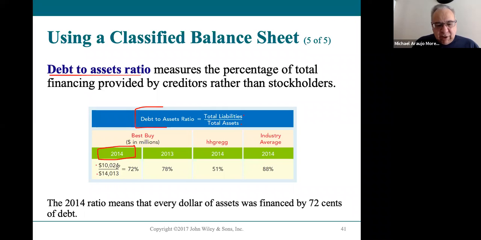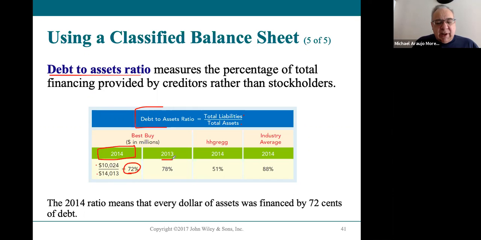When you compare these two numbers, the total debt represents 72% of that, which means in essence, they had to borrow for all these assets, $14 billion worth of assets. 72% of those assets were financed with debt. Okay. So for every dollar in total assets the company has, they had to borrow 72 cents to buy that dollar of assets. Okay, that's what that means.